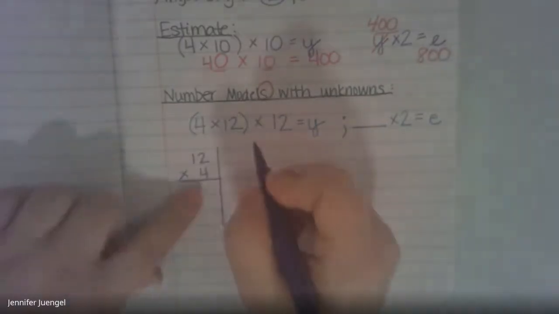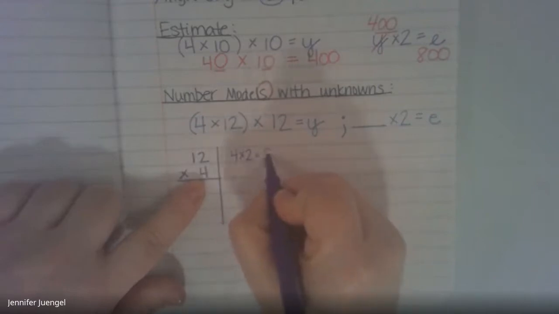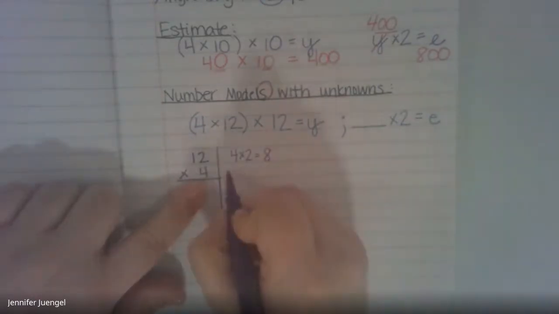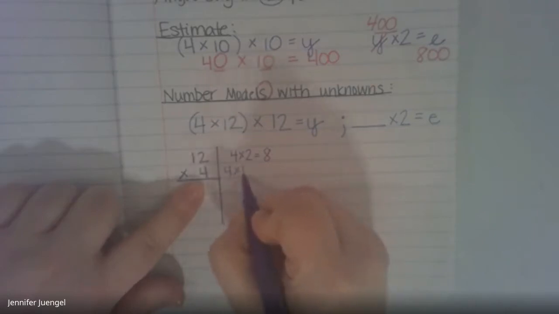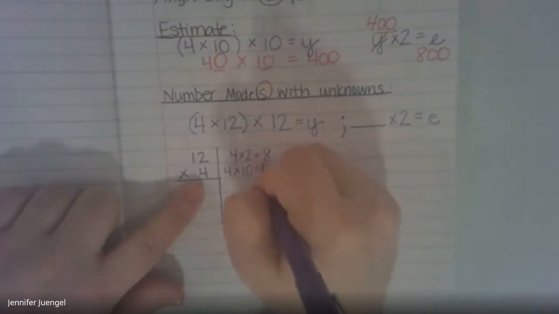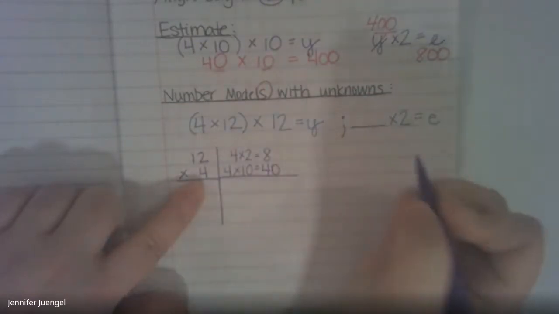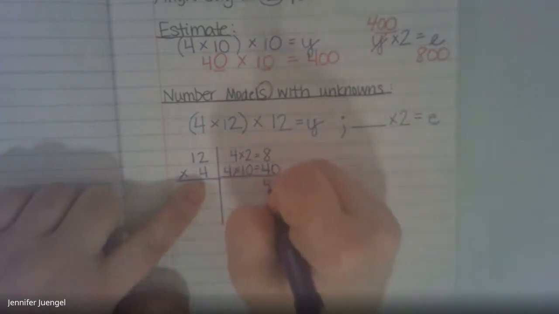So 4 times 2 is the ones place, equals 8. And then 4 times not 1, it's really 4 times 10 because it's in the tens place, and that equals 40. And when I add 40 plus 8, I get 48.